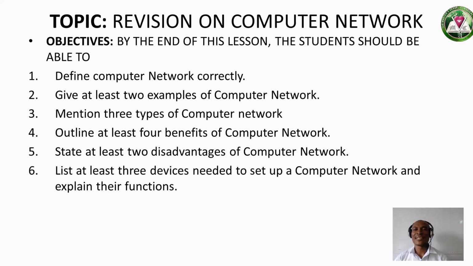So by the end of this lesson, it's expected that you should be able to define computer network correctly. You'll be able to give at least 2 examples of computer network, mention 3 types of computer network, outline at least 4 benefits or advantages of computer network, state at least 2 disadvantages of computer network, list at least 3 devices needed to set up a computer network, and explain their functions.